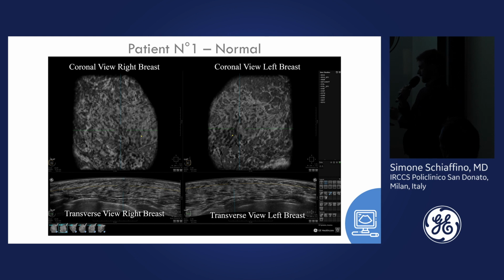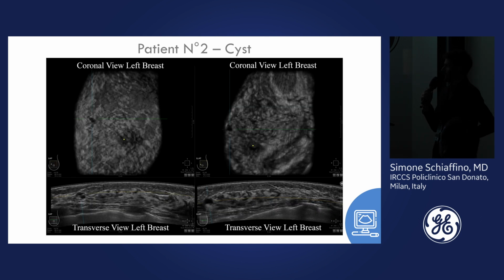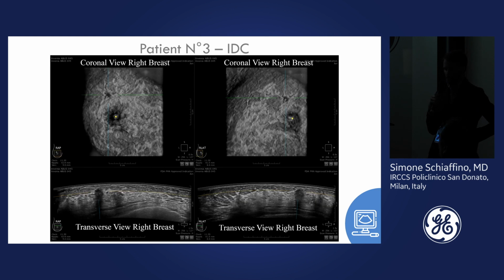Okay. Here we have the image that we are familiar with. If we perform handheld ultrasound, on the coronal plane we see a black hole. While this is an IDC, and this is very important for the coronal plane, considering that we can see a phenomenon called the retraction phenomenon that is quite similar to the distortion that we can see on mammogram or digital breast tomosynthesis, and we can't assess using handheld, two-dimensional ultrasound and the transverse view alone.